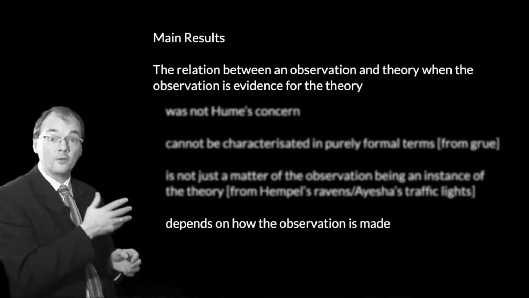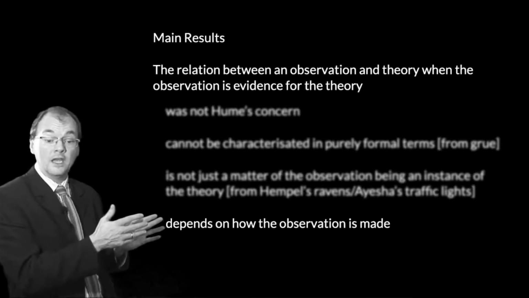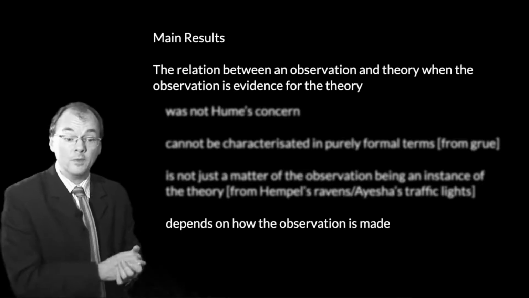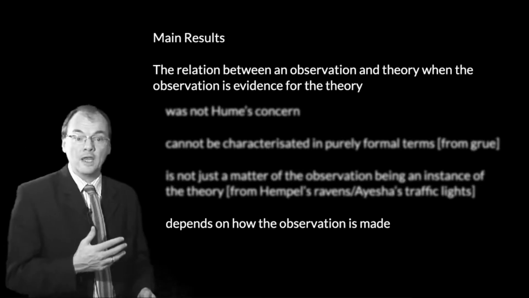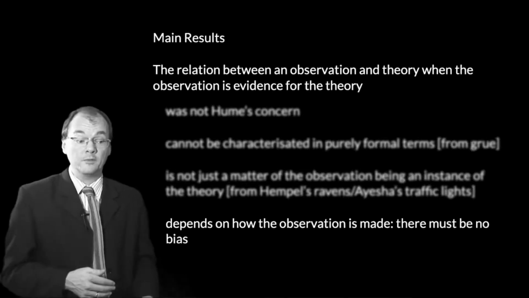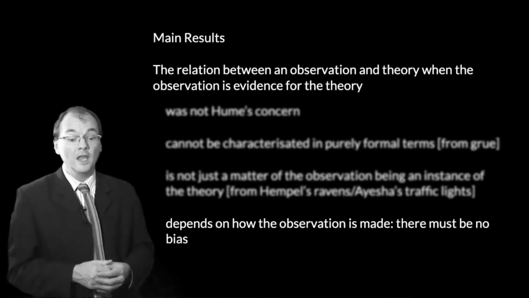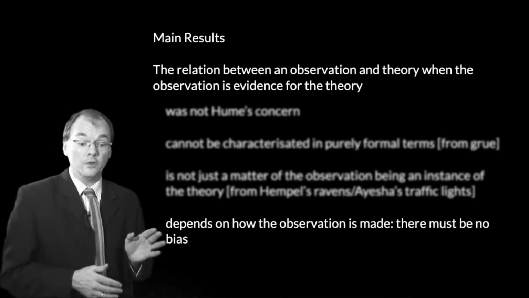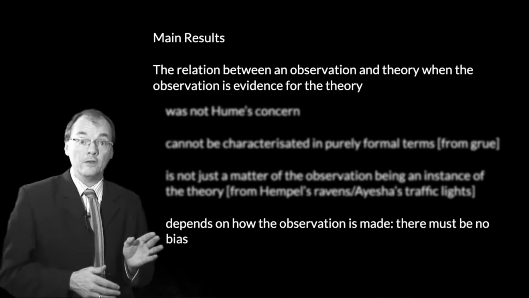So it's not a matter just of what you observe and what the theory is, it's also how you arrived at that observation, how you came to make it. And to me that's very counterintuitive and baffling, but I think we've seen a very compelling argument for that to be the case.